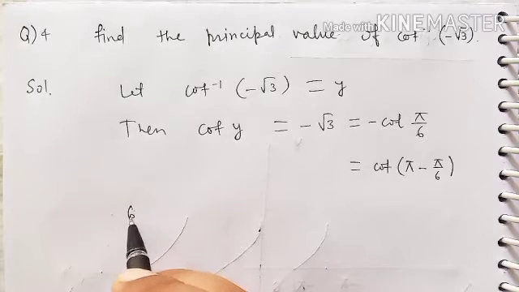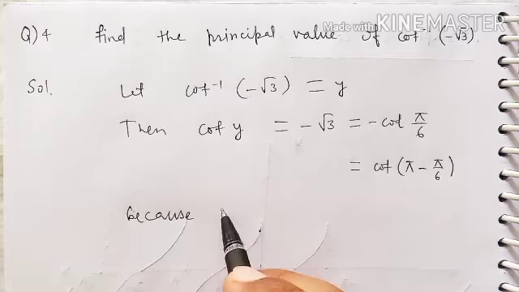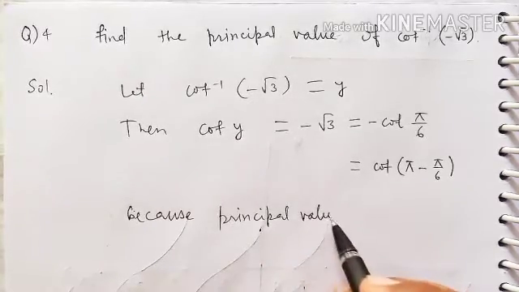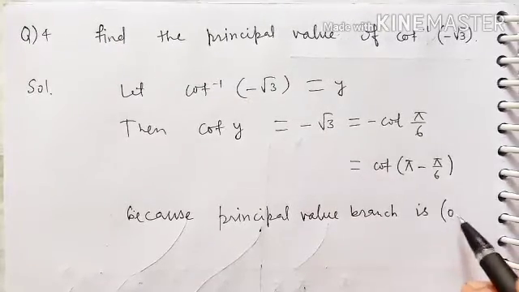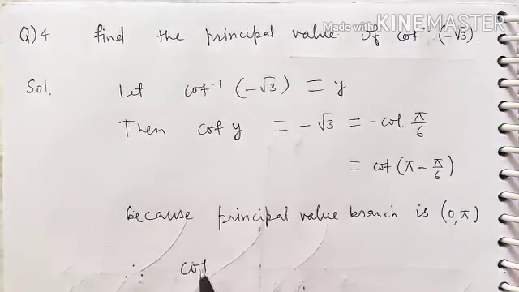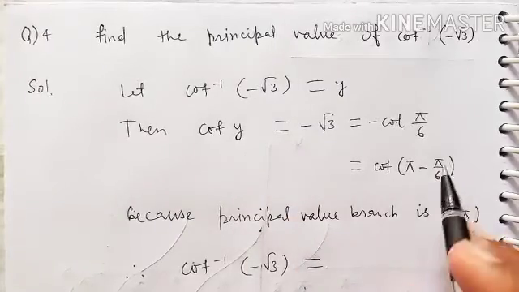Because the principal value branch is the open interval. Therefore, cot inverse minus root 3, here y is equal to 5 pi by 6.